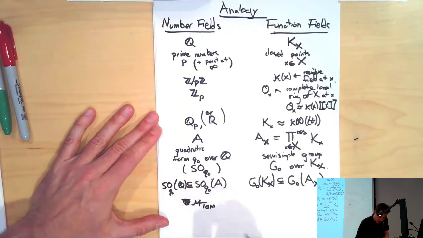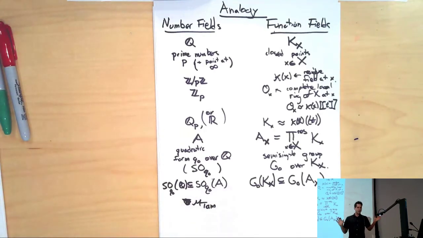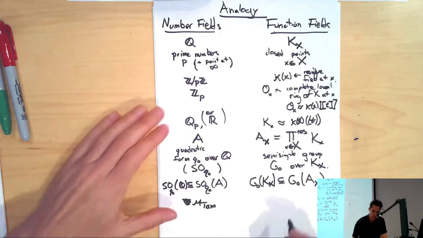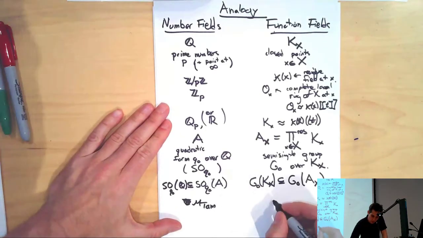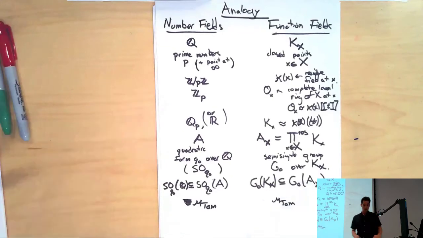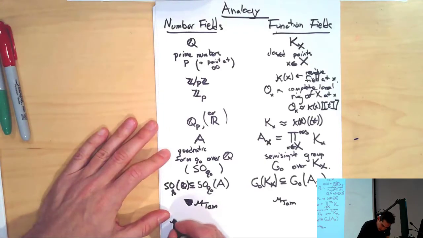And the construction of Tamagawa measure makes perfect sense in the function field case too. Any semi-simple group over a function field, its adelic points have a canonical translation invariant measure, which is also called Tamagawa measure.